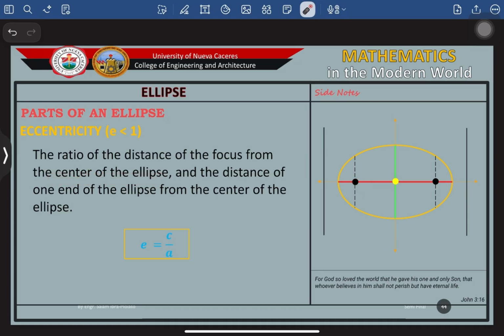Yan yung c natin na distance. So c, and the distance of one end of the ellipse from the center of the ellipse. Then ito naman yung semi-major axis na may distance a. Kaya yung magiging eccentricity niya, since mas malaki yung length ng a, so magiging less than 1.